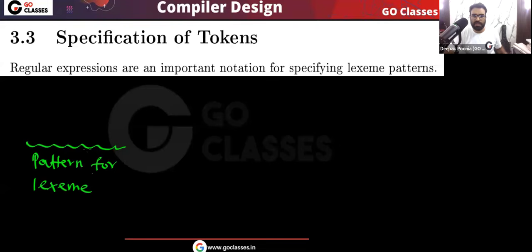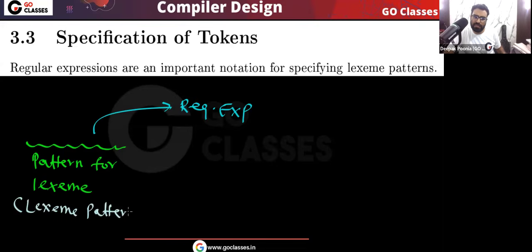For this lexeme pattern, we will write a regular expression, meaning we will describe this lexeme pattern using a regular expression, and corresponding to that regular expression we will generate a token.